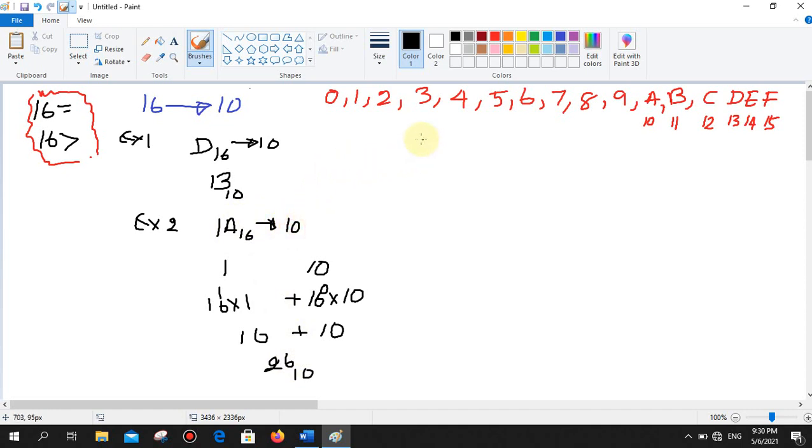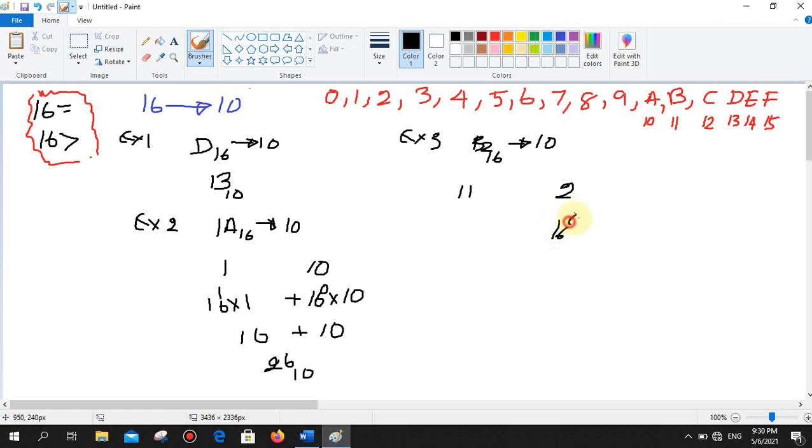Now example 3. The next value is B2 in base 16, we need to convert to decimal. So instead of B you need to write 11, and here 2, keeping a little bit of space.